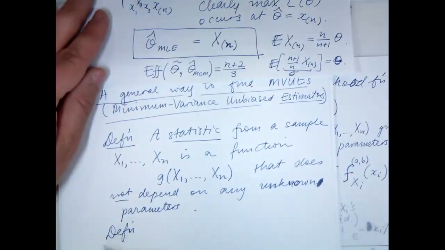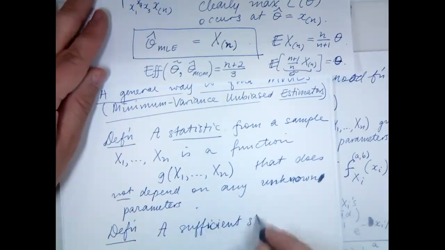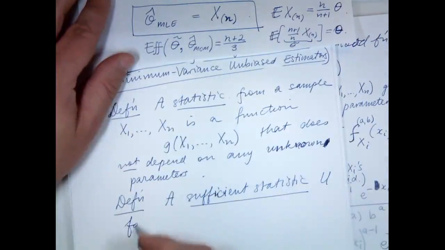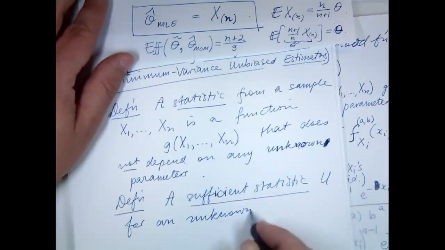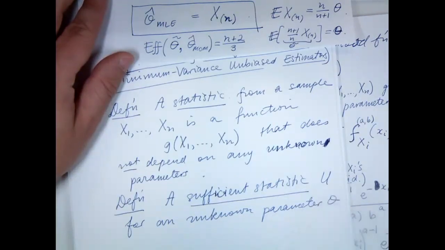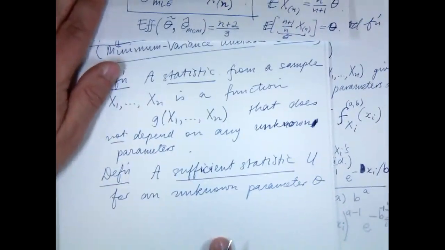The definition of a sufficient statistic U for an unknown parameter theta. Now you could do it for multiple parameters, I'll just state the one parameter case.